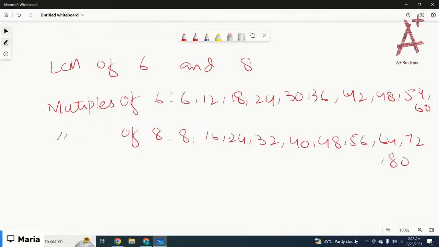So just look for a common number. The common number is, here it is, 48. The least common multiple of both the numbers is 48, right?